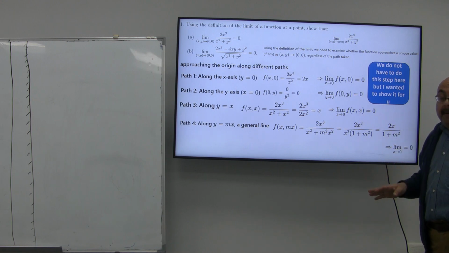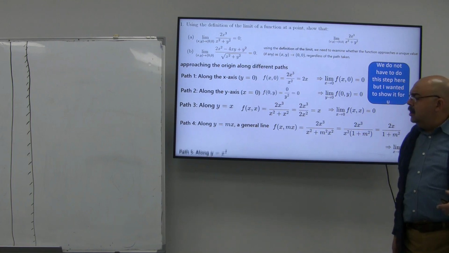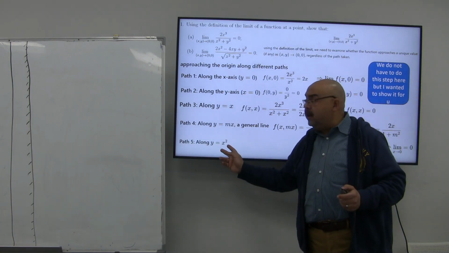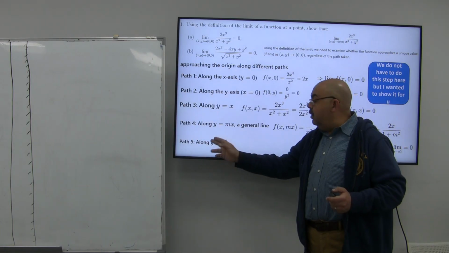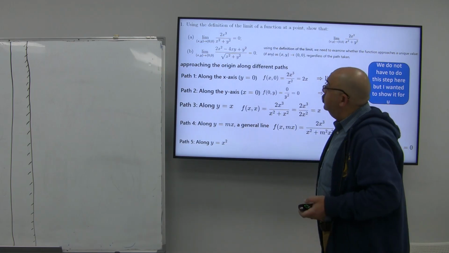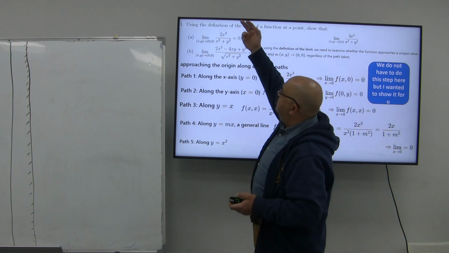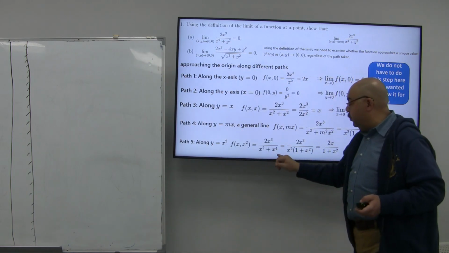So most probably, okay, let me do another check. Why not check y equal to x squared? So see how many paths we try. So I will go through y equal to x squared also. I will have 2x cubed divided by x squared plus x to the power of 4.